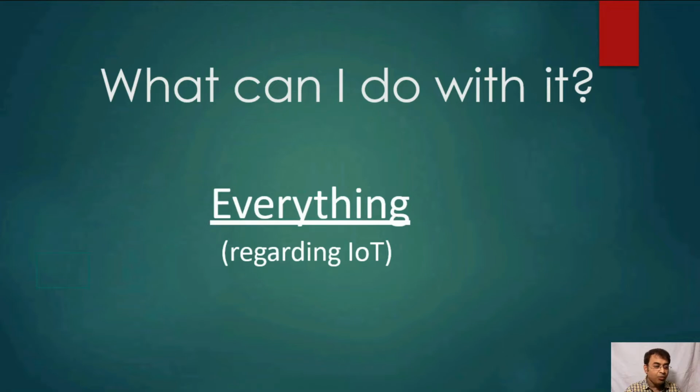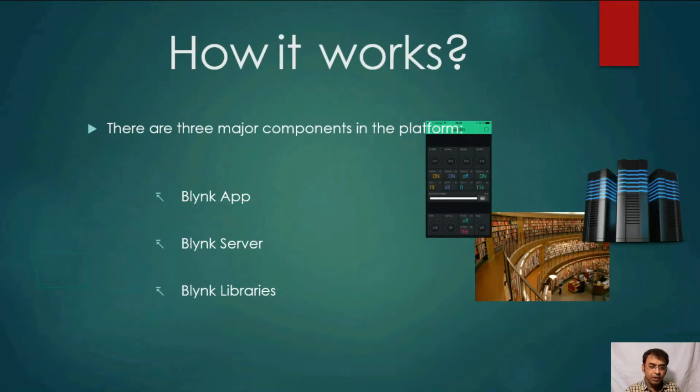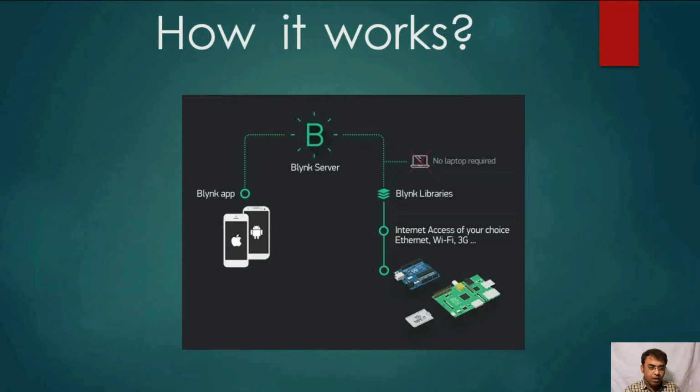What can I do with it? Everything regarding IoT. You can design any types of app and it is very lightweight. How does it work? There are three major components in the platform: the Blynk app, the Blynk server, and the Blynk libraries.